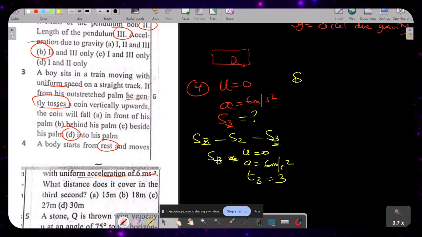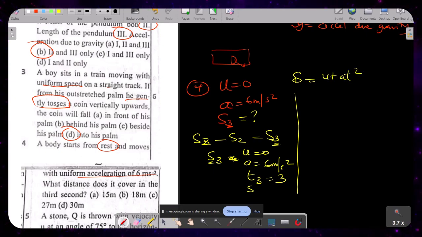So if you are solving for the third second, what are you going to use? You look for a formula under motion that contains u, a, t, and s. What formula has u, a, t, and s?